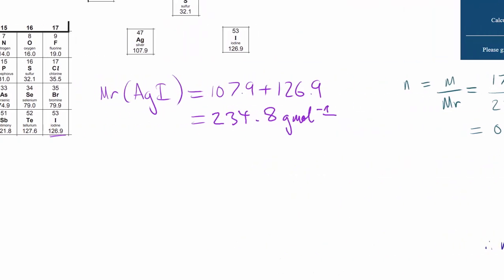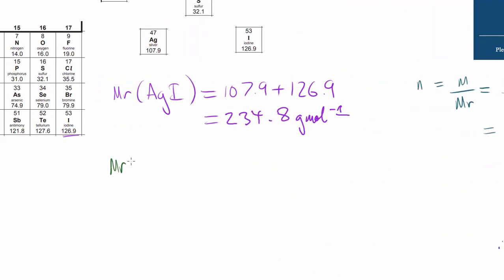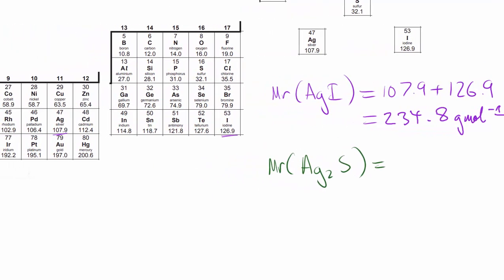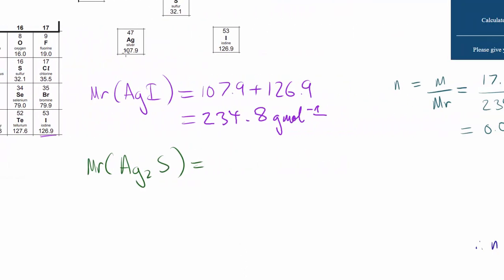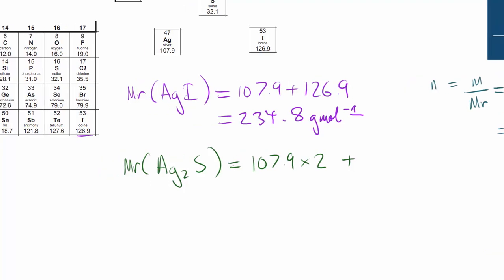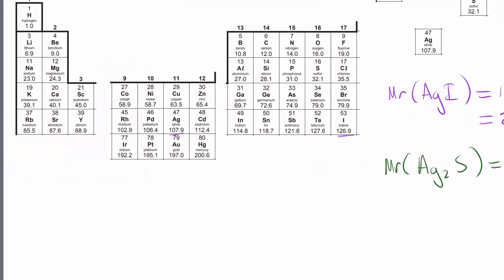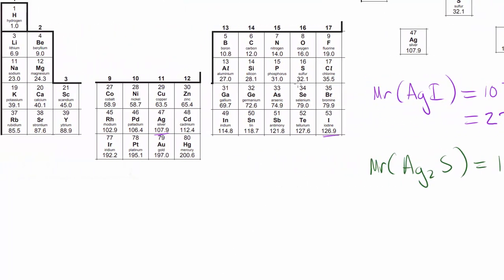So we're looking at the MR of Ag2S, okay? So that's going to be equal to, so start with the Ag, that's going to be 107.9 multiplied by 2, and then we add that to, for sulfur, you can see this is going to be 32.1, okay?